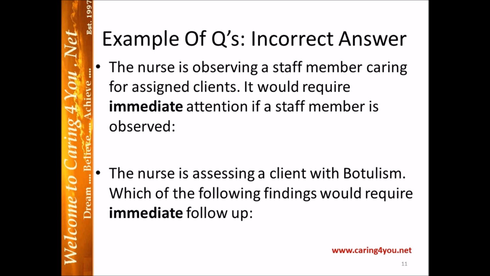What would require immediate follow-up? You see, all of these questions are priority, whether we're looking for an incorrect answer or a correct answer. Just put these 12 words, 6 words for correct, 6 words for incorrect, into your mind, and you will view delegation and priority questions much simpler on the NCLEX. You won't get that anxiety, you know?